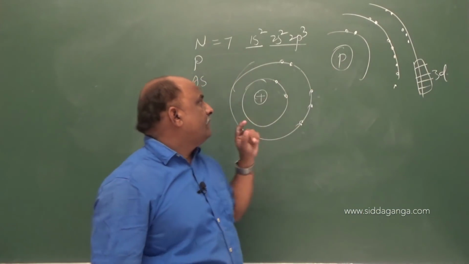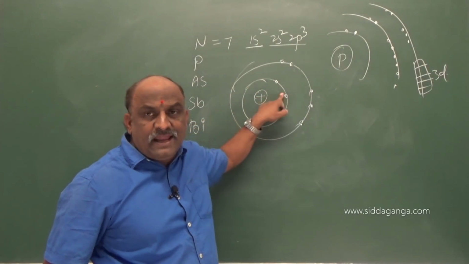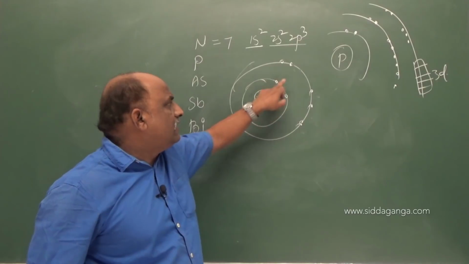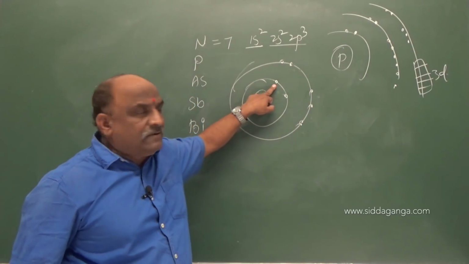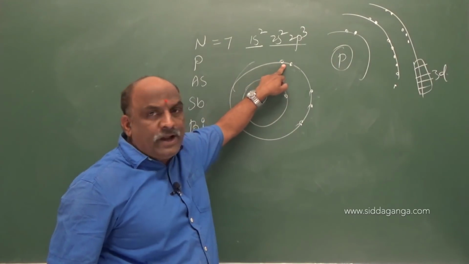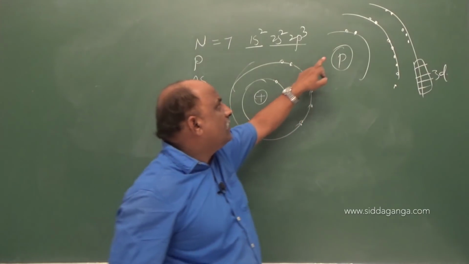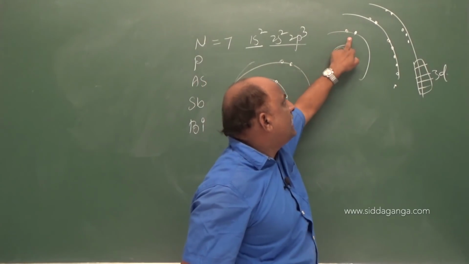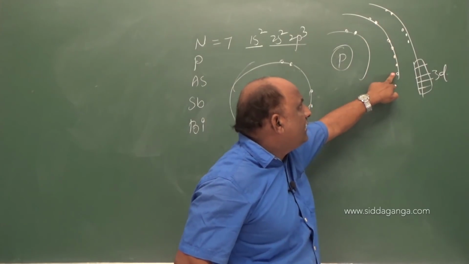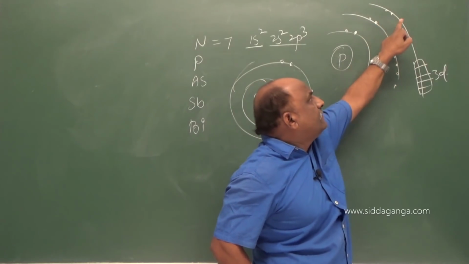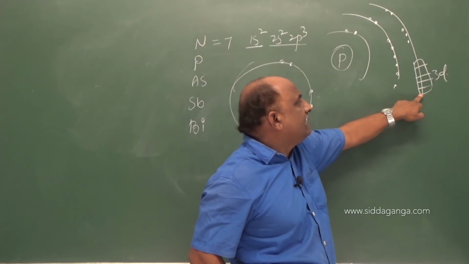Once you observe here, nitrogen has only two levels, the K shell and L shell: 1s followed by 2s, 2p. While phosphorus has 1s, 2s, 2p, 3s, 3p, followed by vacant 3d.